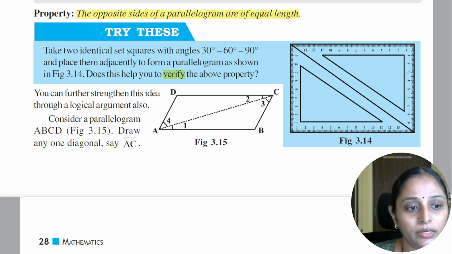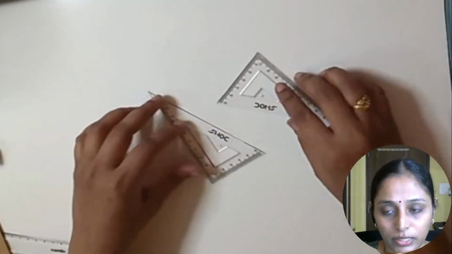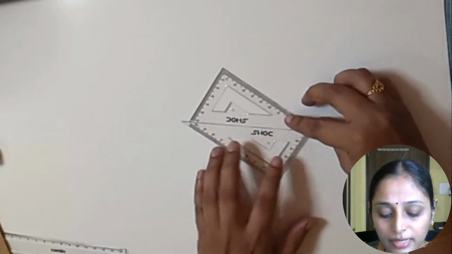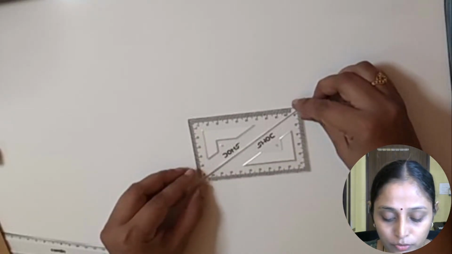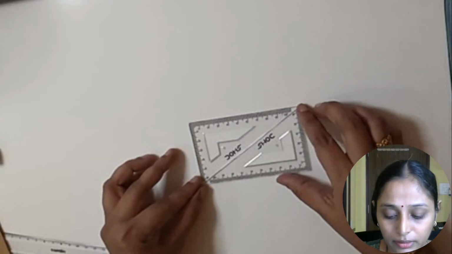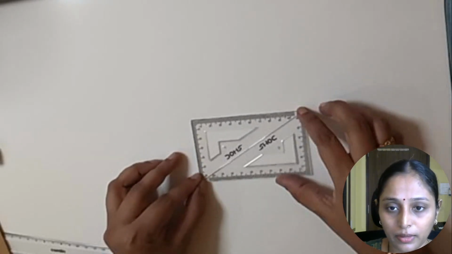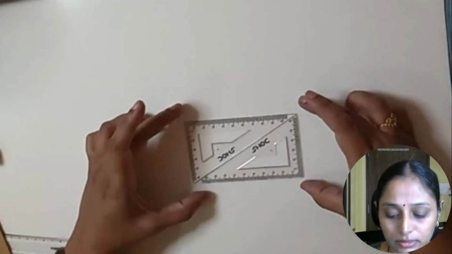So now here I have set squares, the 30, 60, 90 angle set squares, right? And if I place them along the hypotenuse of its right angle triangle, I get a parallelogram, and in fact it's a rectangle because this angle is 90 degrees.